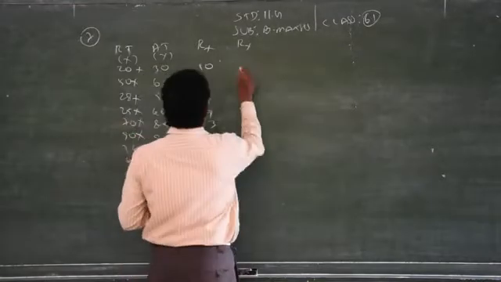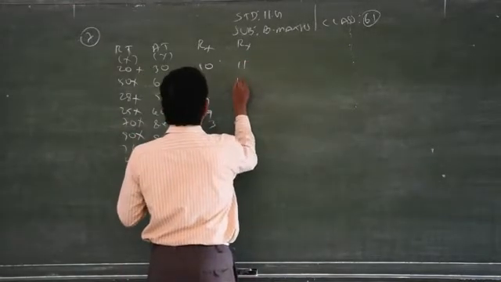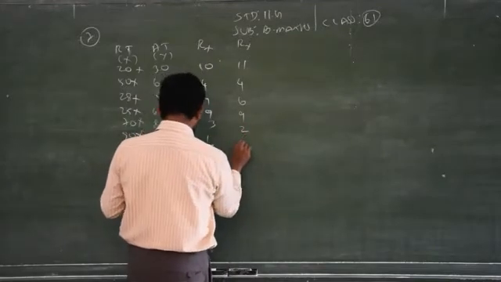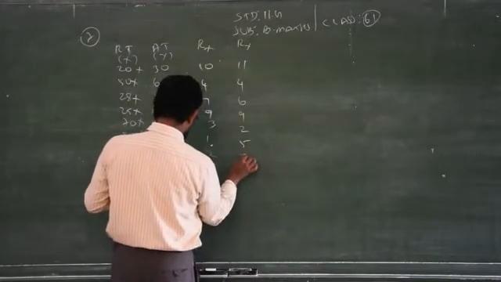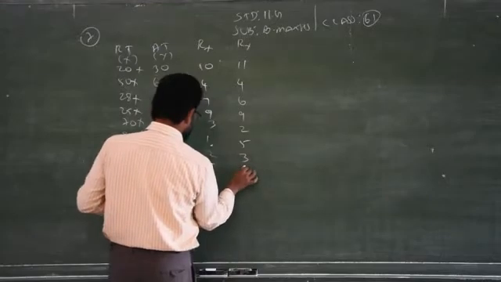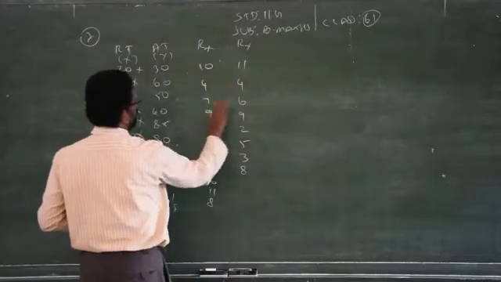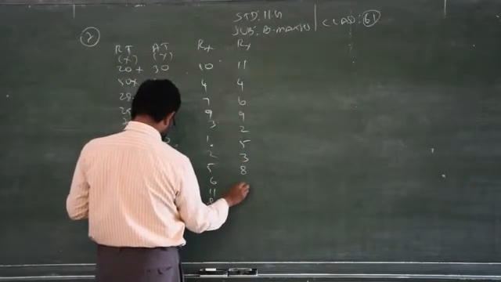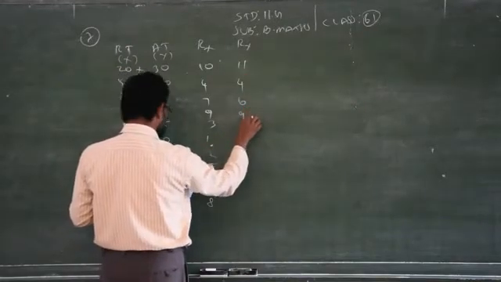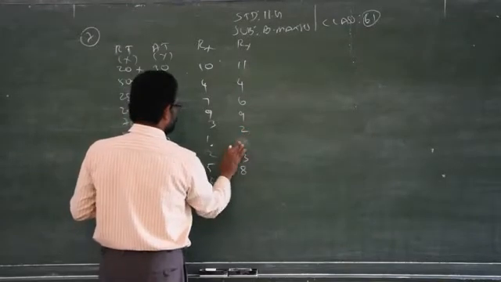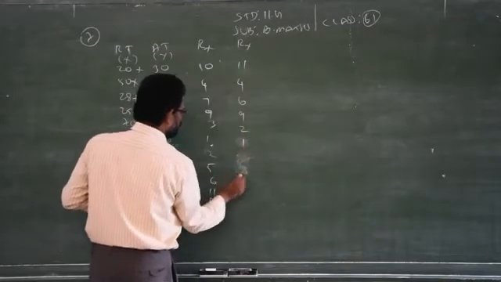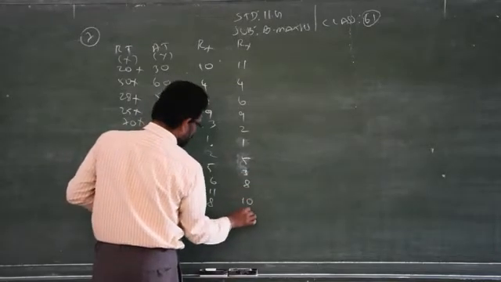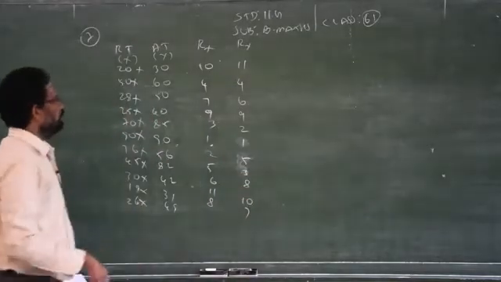That is 11, 4, 6, 9, 2, 5, 3, 8, straight to straight. 8, after 8, 11, 4, 6, 9, 2, 1, 5, 3, 8, 10, 7. This is rank under y.